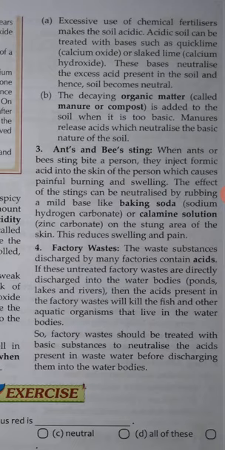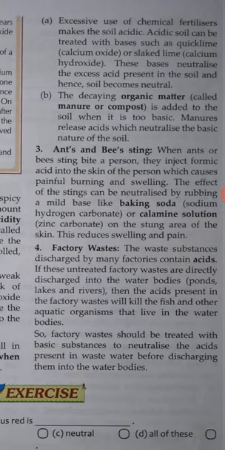This formic acid is present in the body of the ant or bee. Whenever this formic acid or methanoic acid enters our body, we get pain and all these things occur. Now the best way to get relief is to rub baking soda on that area. Baking soda is nothing but a base.